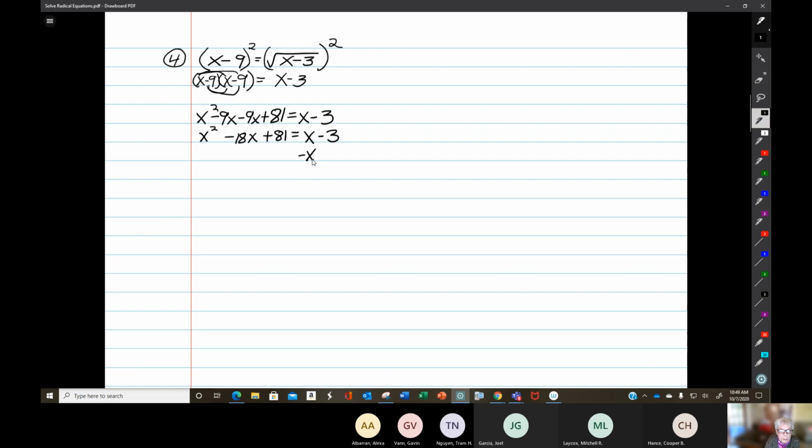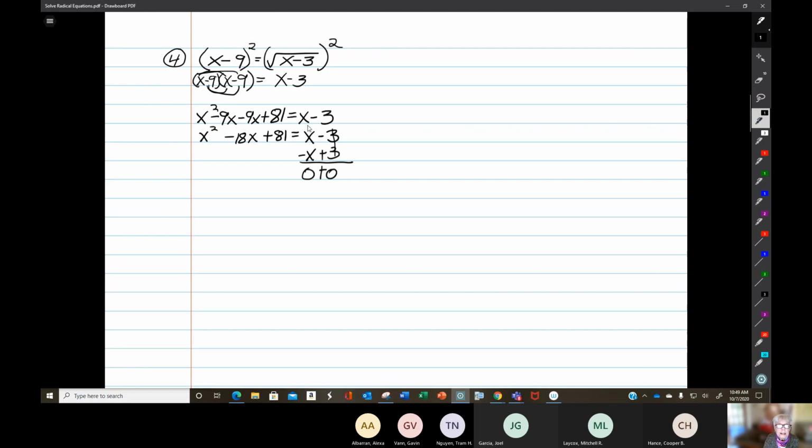All right, I want to move the x over, so I have to subtract it from here, so I'll get 0. I also want to move the -3, so I have to add 3, so I can get -3 plus 3 is 0. So I end up, for all intents and purposes, with 0 plus 0.